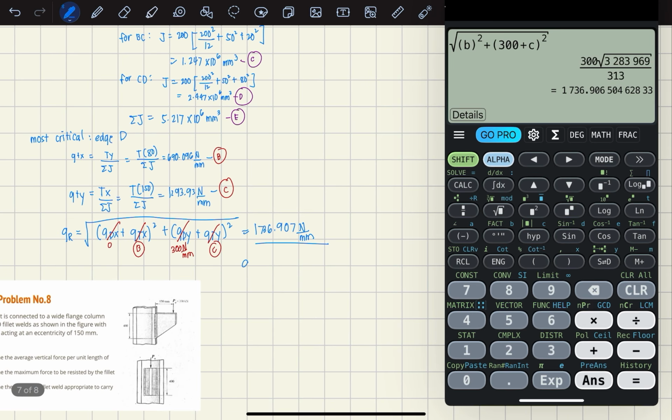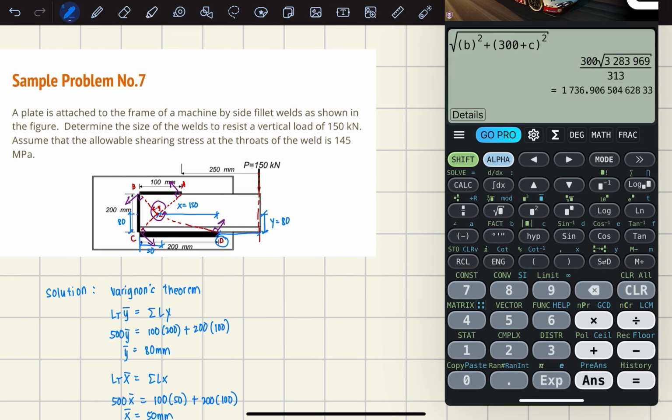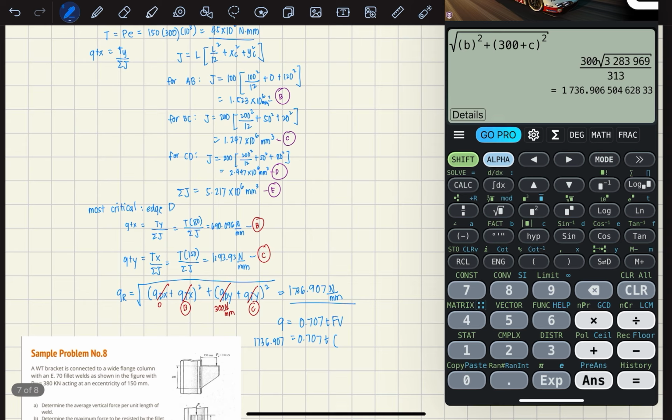Then, magagamit na natin yung formula na Q is equal to 0.707 times T times FV. So, ito is 1736.907 times 0.707 times the unknown thickness times FV. So, given yung FV, allowable shearing stress na 145.